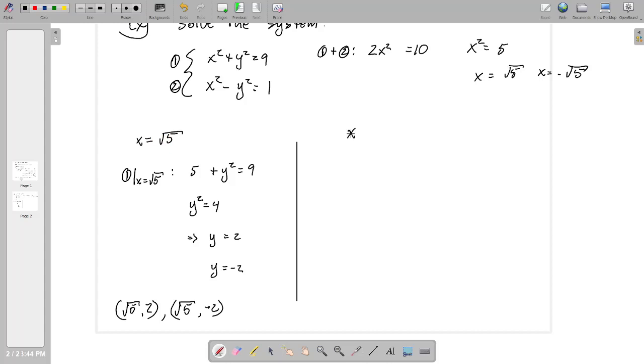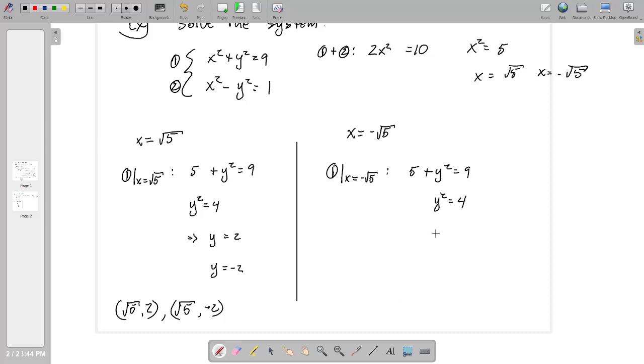Now let's let x equal negative square root 5. Again, we plug it into equation 1. We do equation 1 such that x is equal to negative square root 5. And we get negative square root 5 squared. It's going to be 5 plus y squared is equal to 9. Again, subtract over the 5, and we get y squared is equal to 4.